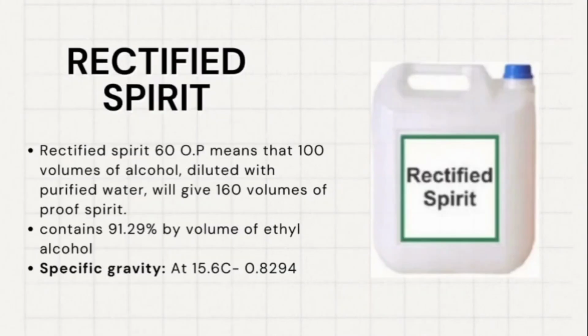Rectified spirit. Rectified spirit 60 degrees overproof means that 100 volumes of alcohol diluted with 60 volumes of purified water gives 160 volumes of proof spirit. It contains 91.29% by volume of ethyl alcohol. Its specific gravity is 0.8294 at 15 degrees centigrade.